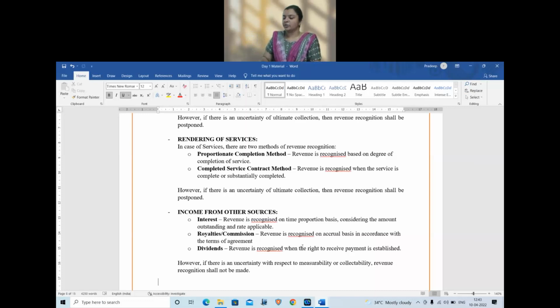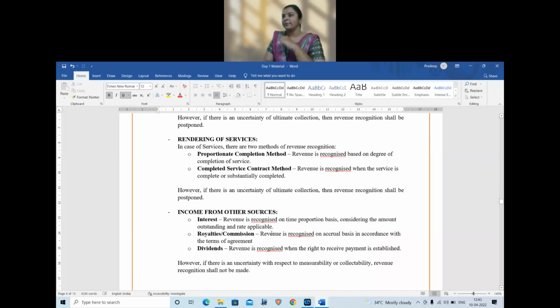Suppose if you are going to deposit 10 rupees, interest is going to be receivable on the 10 rupees from day one, which means interest is an income that is receivable based on the time lapse at whatever is the fixed percentage. So, irrespective of whether the agreement is mentioning or not, it is silent or not, if the nature of income is interest, then it has to be recorded on time proportion basis.